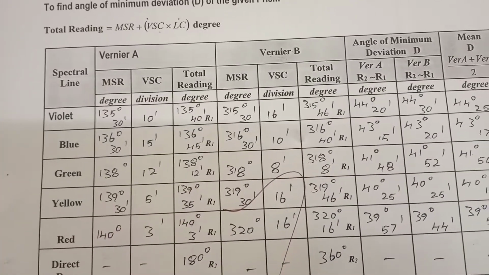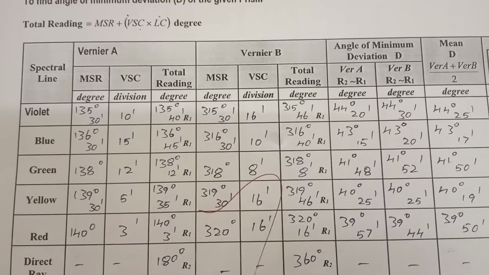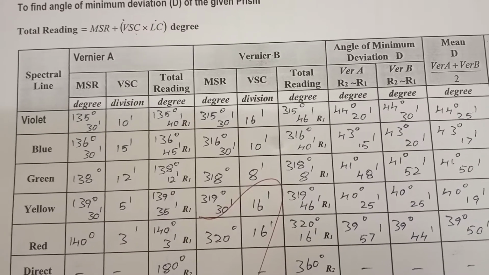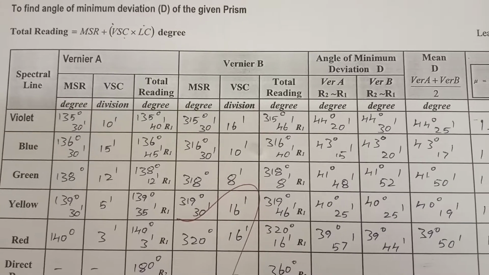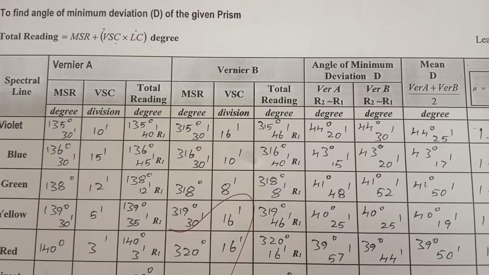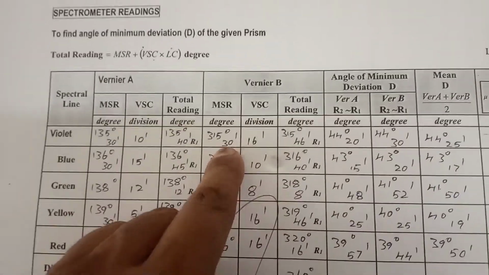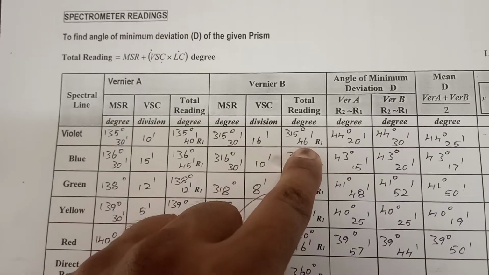And for Vernier B, the reading for violet color is 315 degree 30 minutes, and the final reading is obtained as 315 degree 46 minutes. Here 30 should be added with the 16, so that it is 46 minutes.